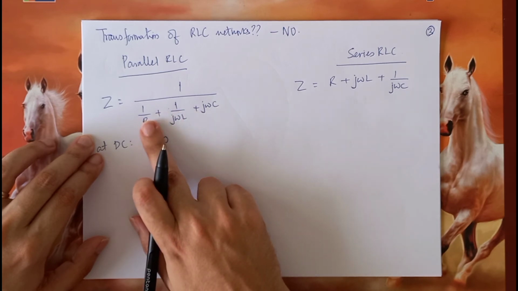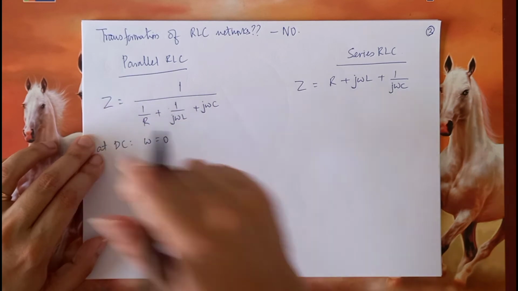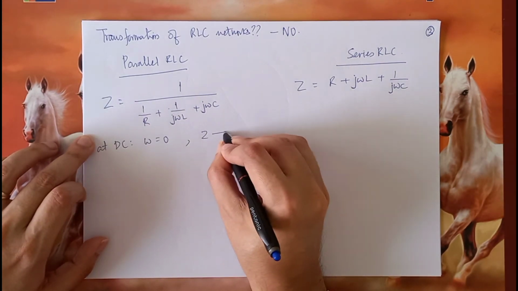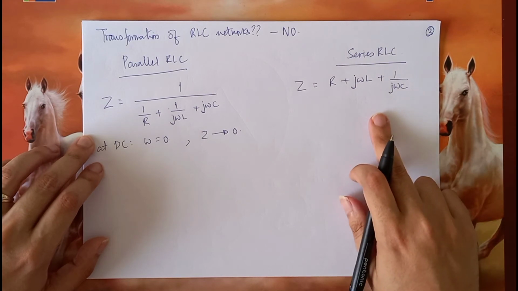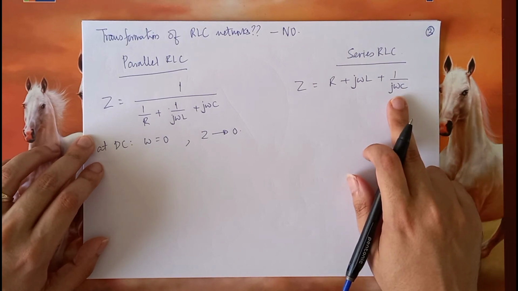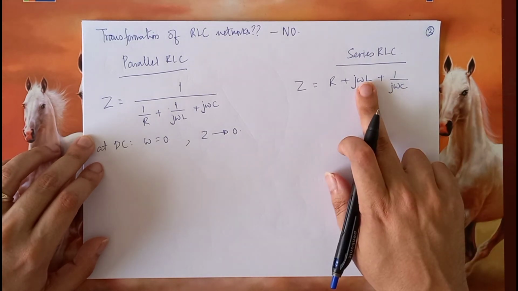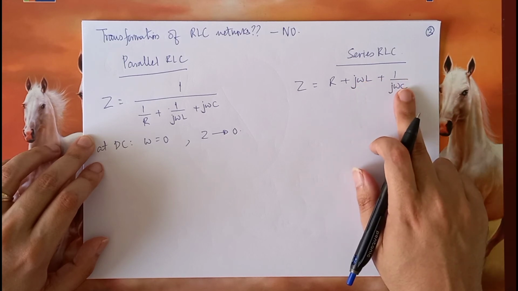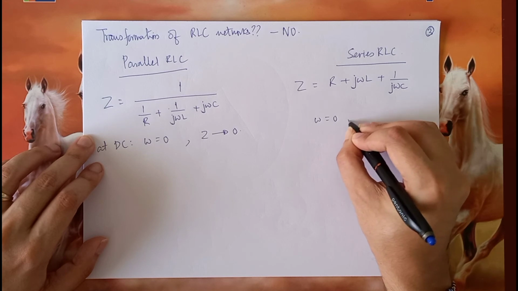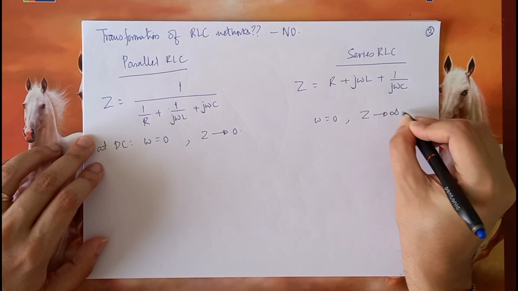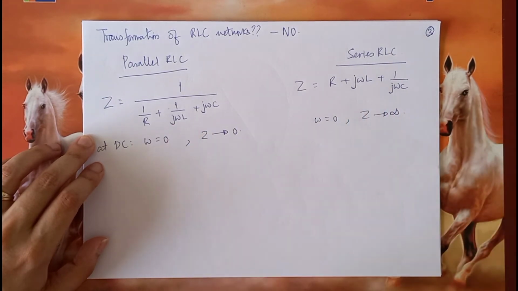So irrespective of the value of R, the value of Z tends to 0. And at DC, over here in the series RLC, this term vanishes and this term tends to infinity. So over here, when omega is 0, the Z tends to infinity. So at DC condition, they are both definitely not matching.